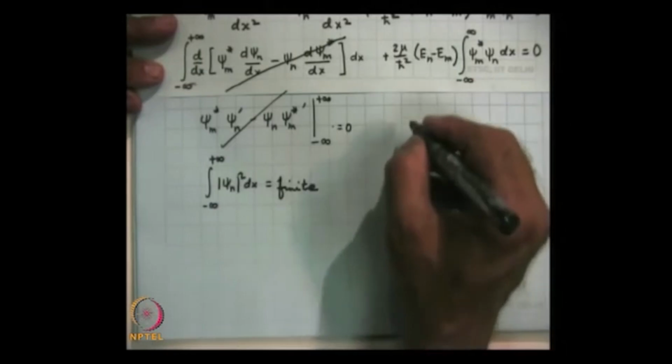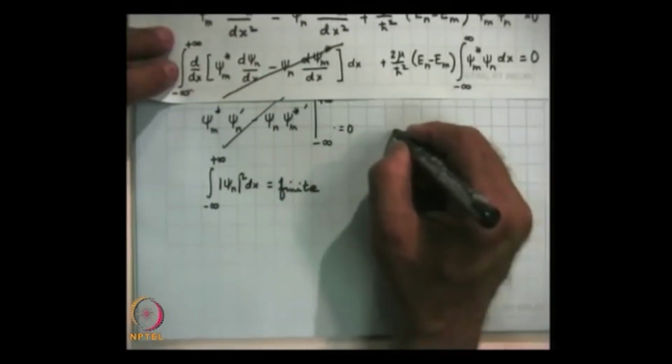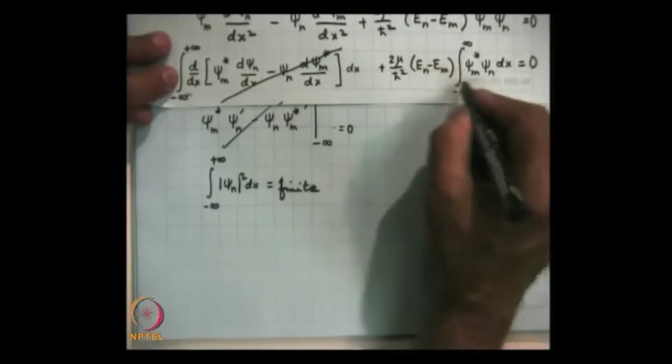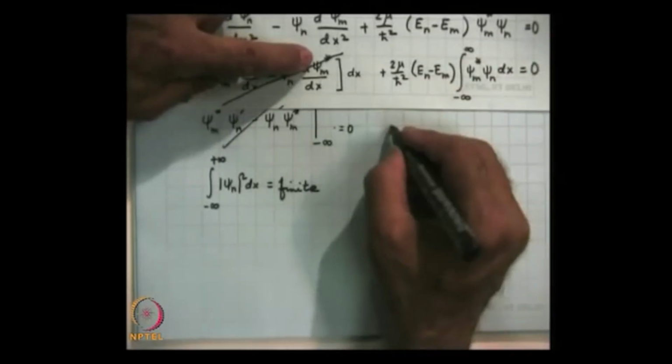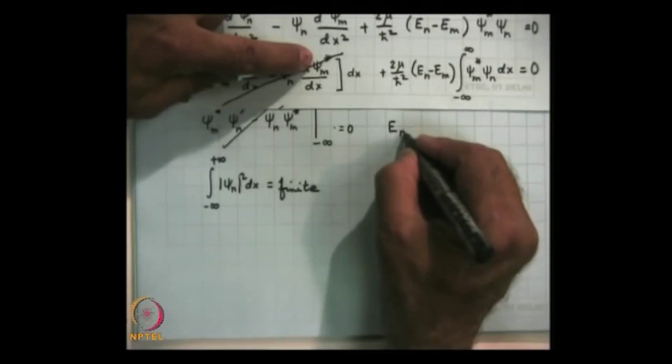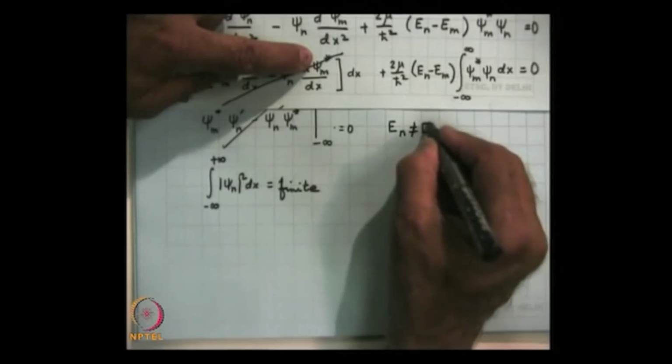So, I will have a product of two terms, if I write this (E n minus E m) multiplied by this. But I have initially assumed that E n is not equal to E m.